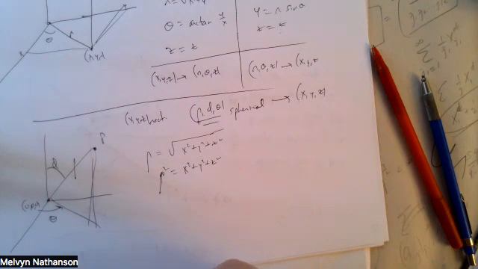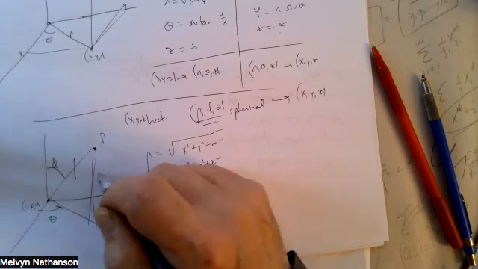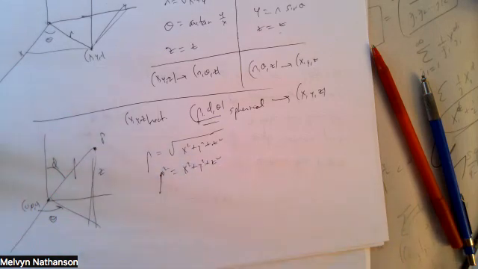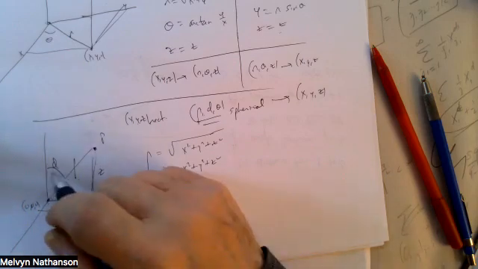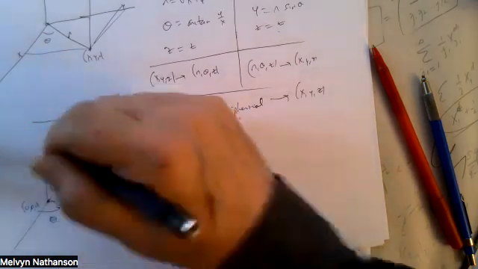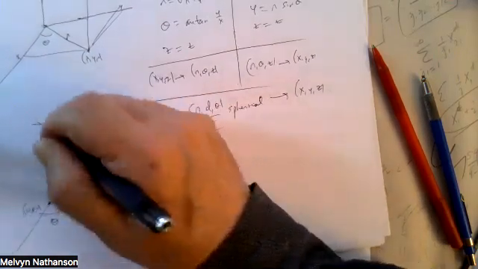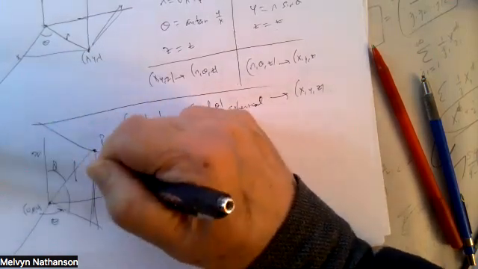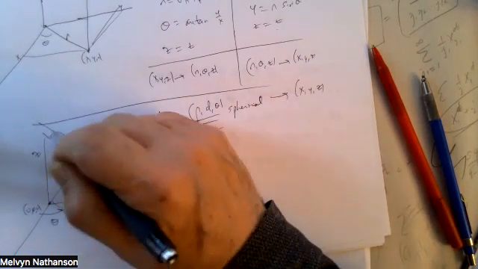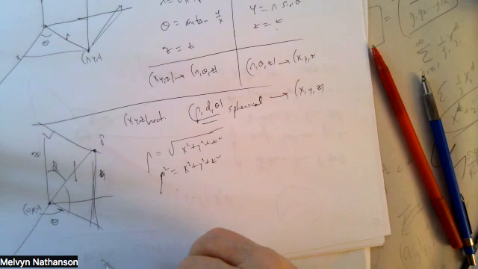So this is z, the height above the xy plane. If this angle is theta, well, actually I can look at it like this. This is z, this is z. So this is a right triangle.